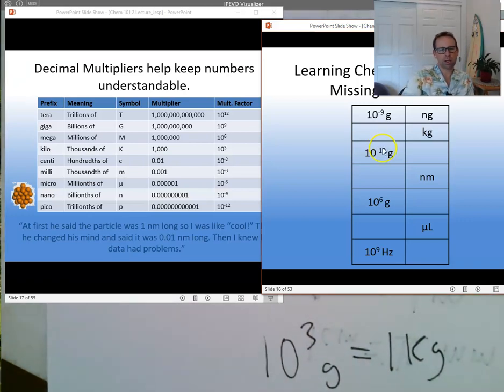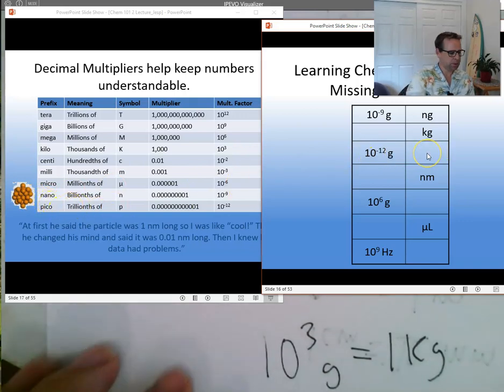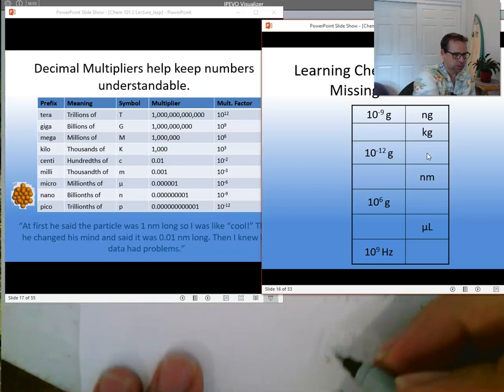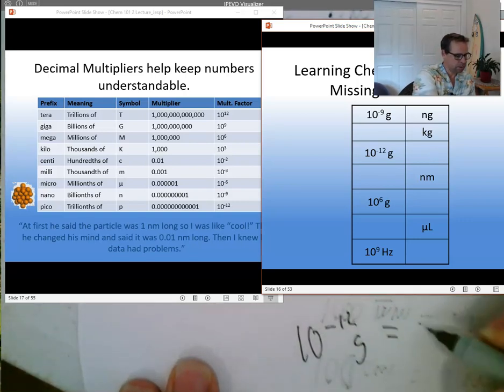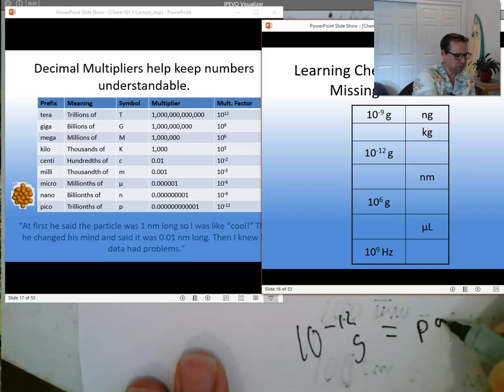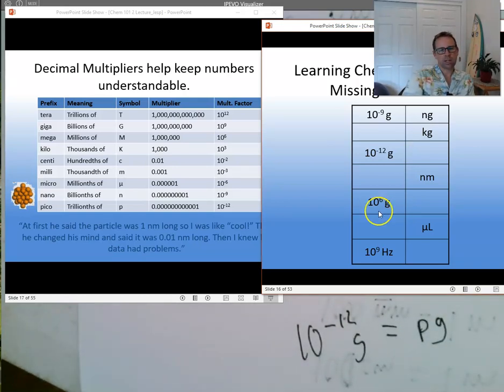Very good. What about this one down here? 10 to the minus 12. Pico. Very good. Picogram. That would be 1 picogram. So 10 to the minus 12 grams is equal to 1 picogram. How about a nanometer?